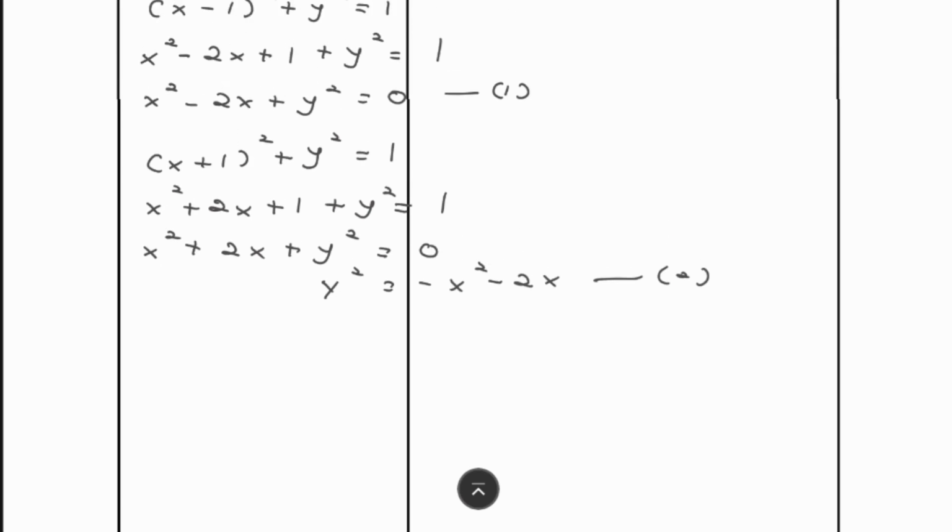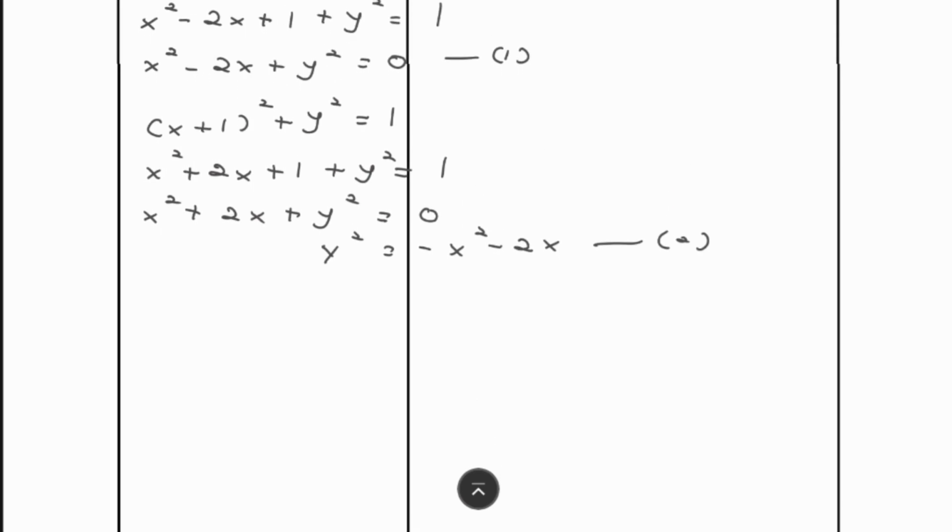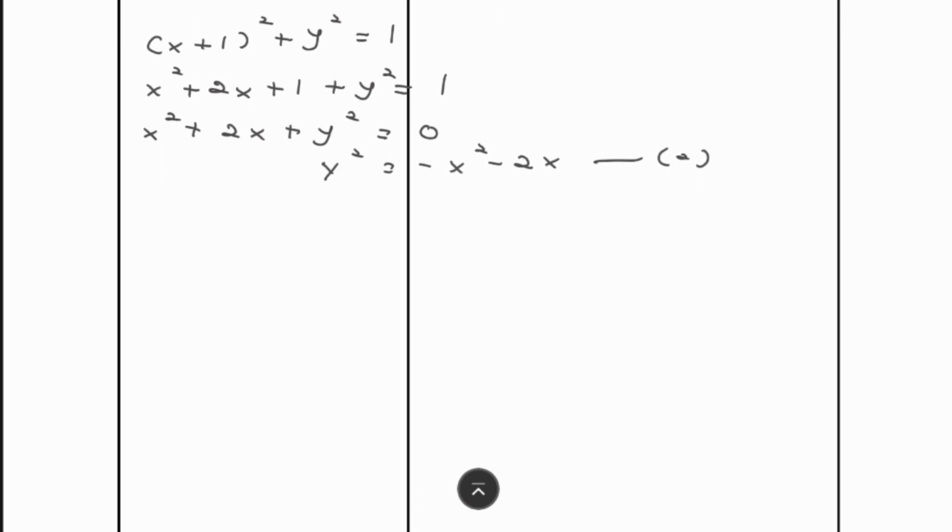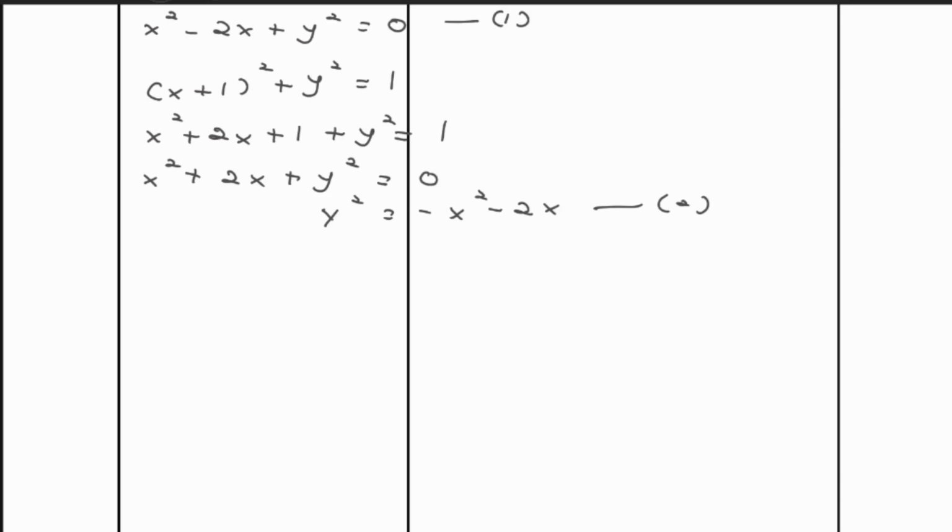What I'm going to do next is substitute equation 2 into equation 1. So we will have x squared minus 2x minus x squared minus 2x equals 0.